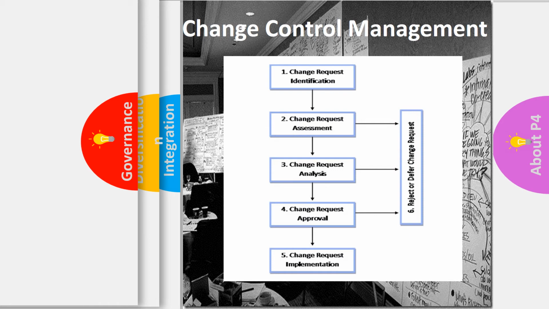So if we look at the flow chart for change control management: number one, the request identification. Number two, you assess the change request. Number three, analyze it. Number four, change request approval, and number five, request implementation.